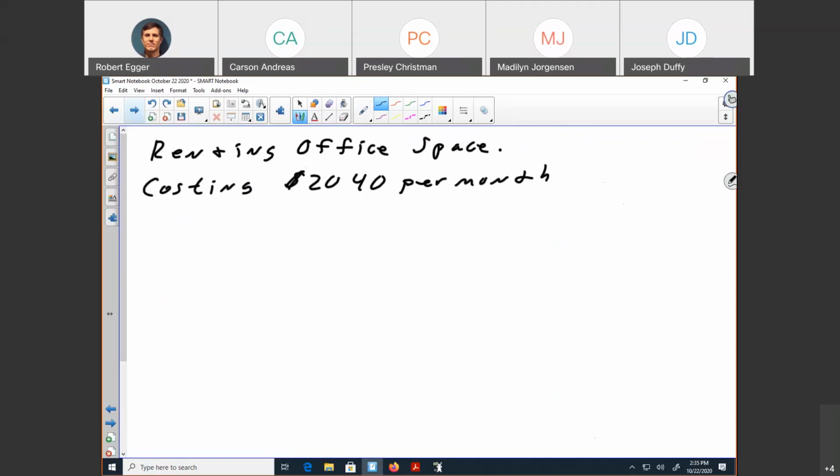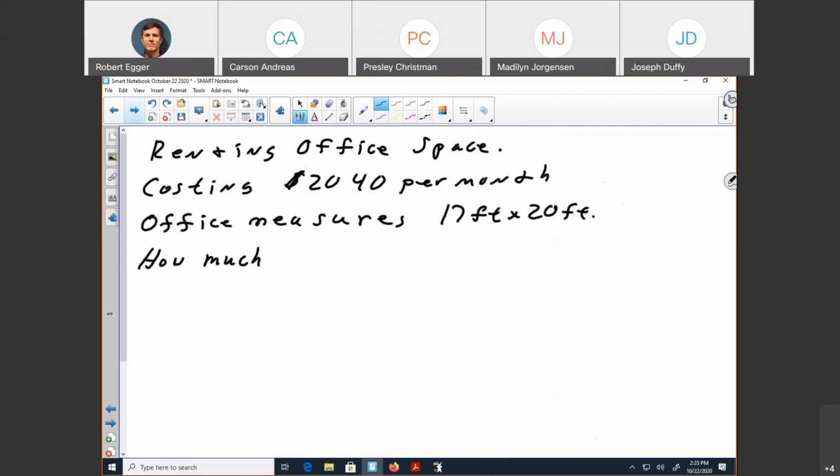Now the office measures 17 feet by 20 feet. Now how much are you paying in rent per square foot? Per square foot or feet squared.